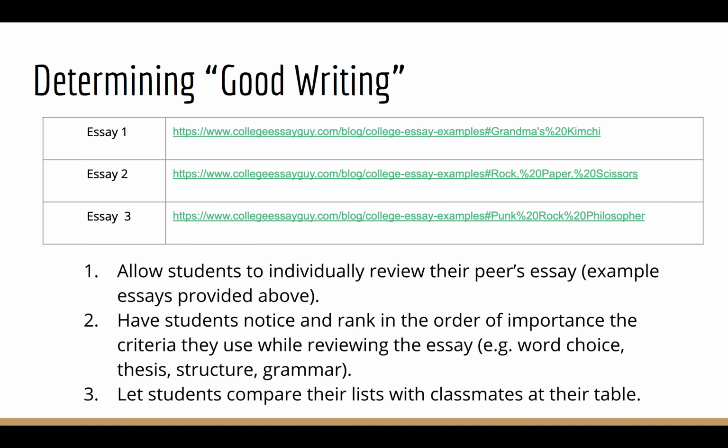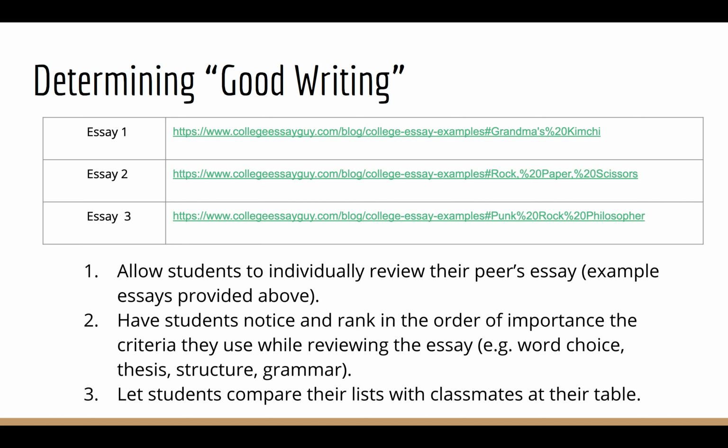So in order for students to really understand what good writing is and how this varies, I laid out three sample essays. These are actually all college admissions essays, and it doesn't necessarily have to be these types of essays, but whatever is engaging for the student and whatever are examples of really good essays would be good to use here.